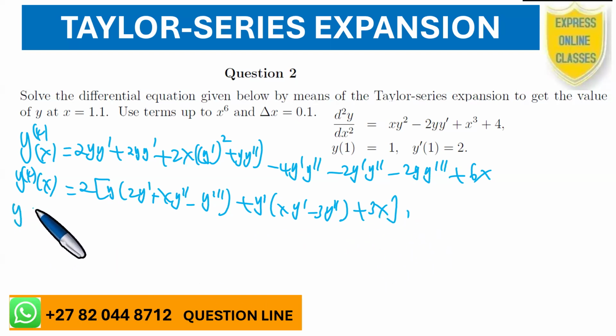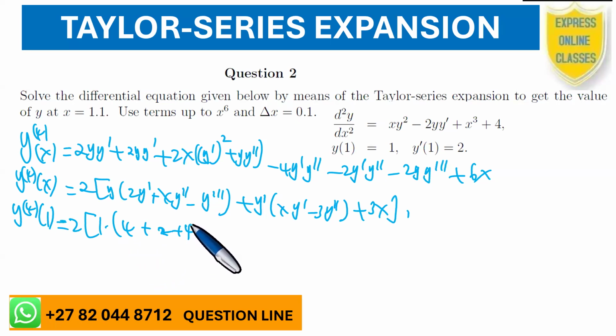So 4 at 1, which is 2. And then 4 plus 1. And then you have 4 plus 2 plus 4.